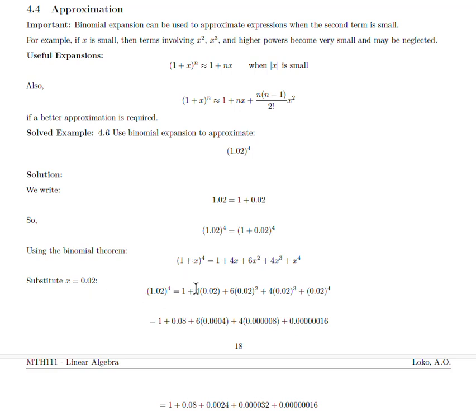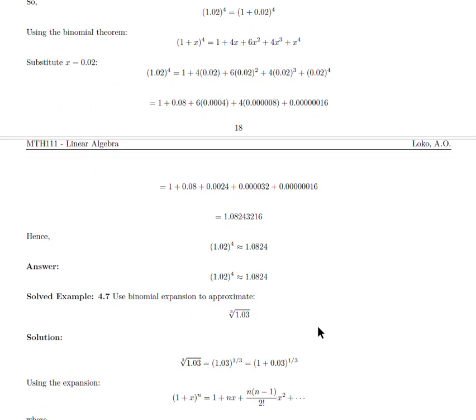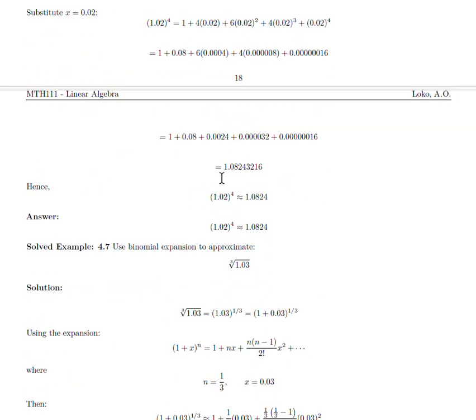We now have 1 plus 4 times 0.02 plus 6 times 0.02 squared plus 4 times 0.02 cubed plus 0.02 raised to power 4. By the time we do this sum, we have our approximation, which is 1.0824316.